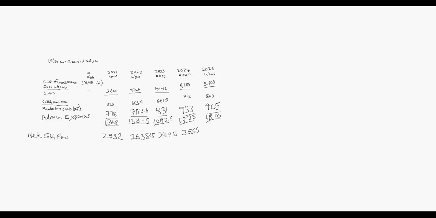Lastly, 5,600 minus 1,805. So the answer is 3,795.